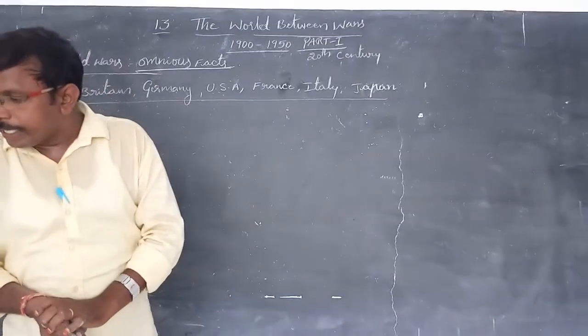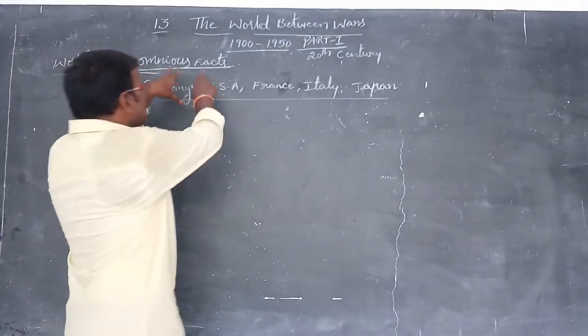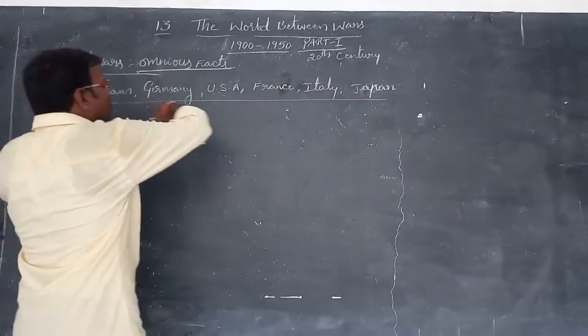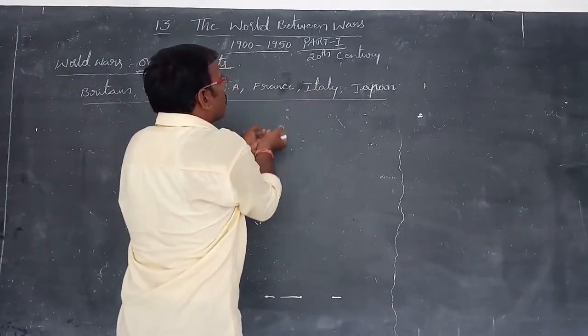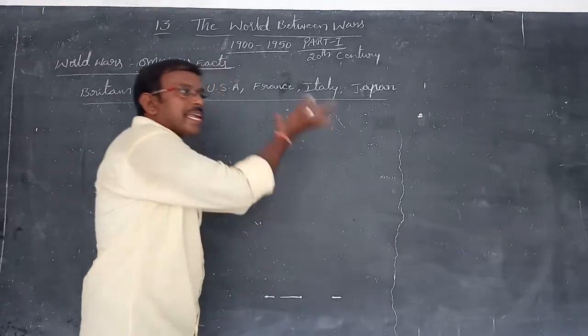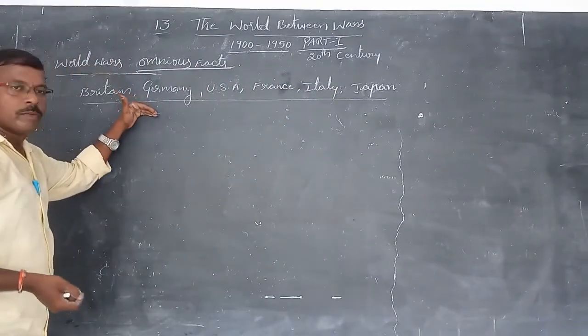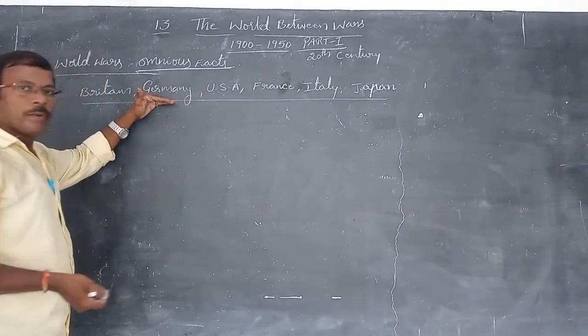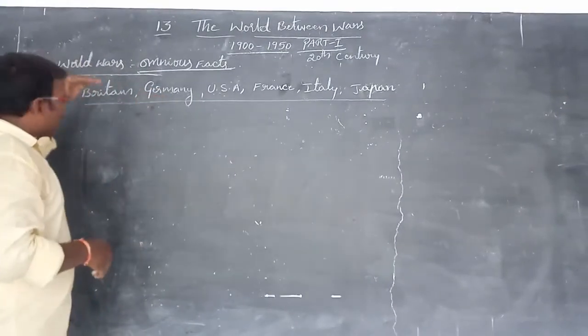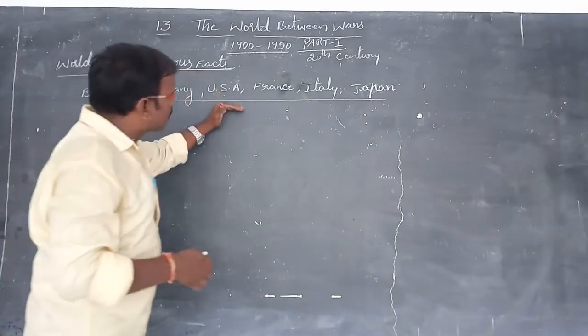Among the developed countries we have discussed, competition also increased. These countries wanted to develop. Germany wanted to develop itself, Britain wanted to develop itself, and the USA wanted to develop itself.